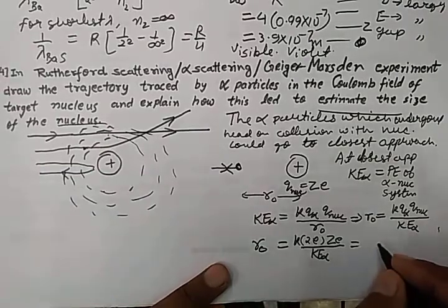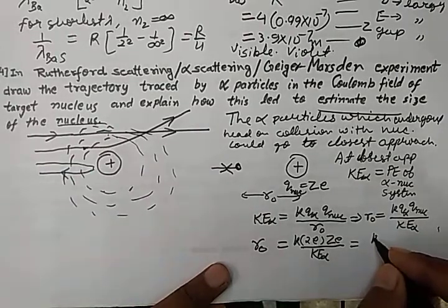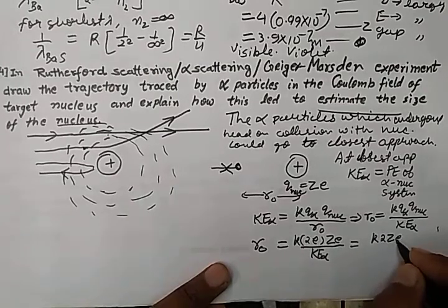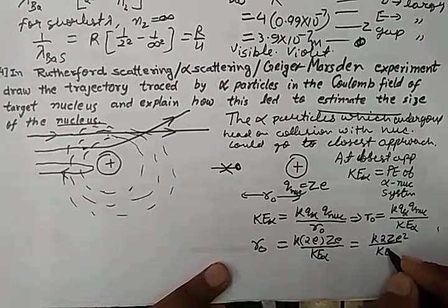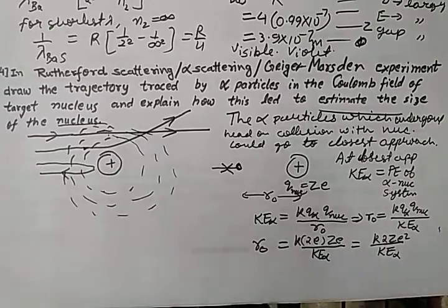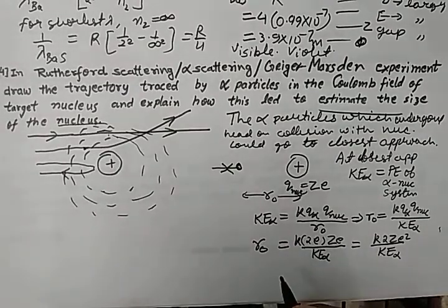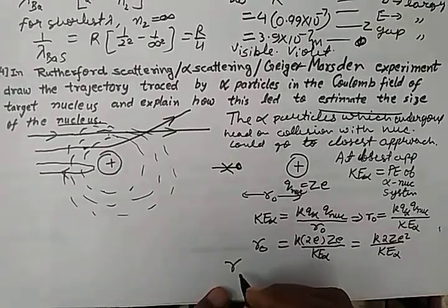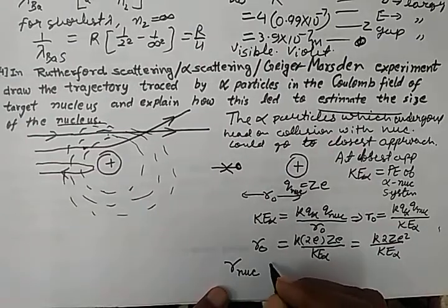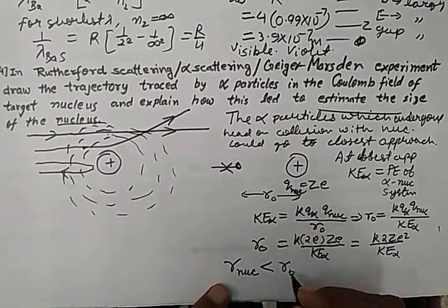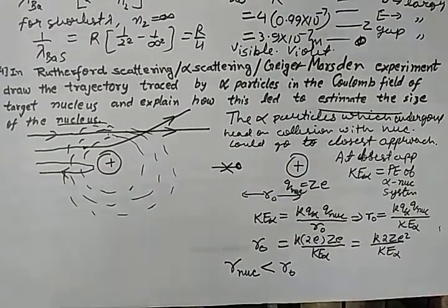So we can conclude r naught is 2Ze square upon K e alpha. But this is the distance of closest approach. But what about the size of nucleus? So the radius of nucleus is less than that r naught. So we can just estimate that the nucleus is much smaller than that. So at least we can predict its radius.